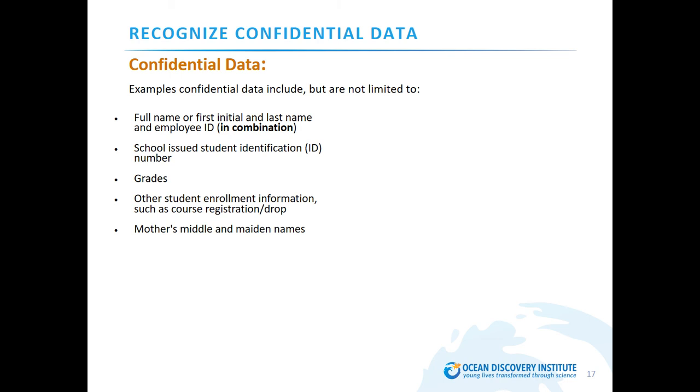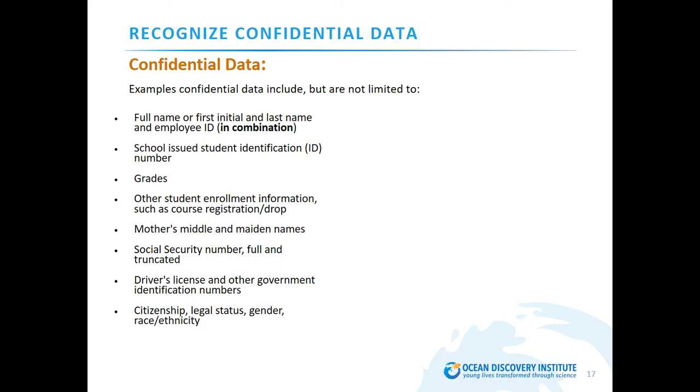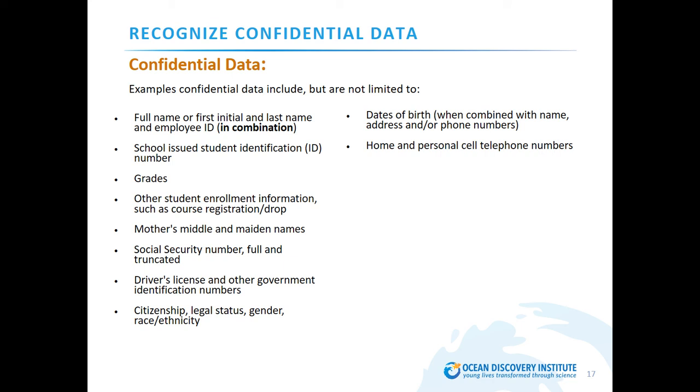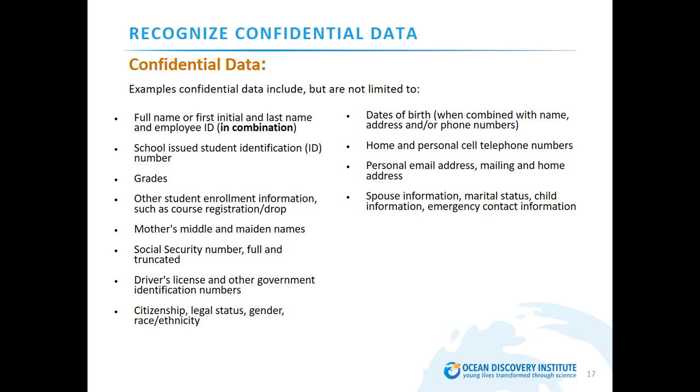mother's middle and maiden names, social security number full or truncated, driver's license and other government identification numbers, citizenship, legal status, gender, race, ethnicity, dates of birth when combined with name, address, and/or phone numbers, home and personal cell numbers, personal email address, mailing and home address, spouse information, marital status, child information, emergency contact information.